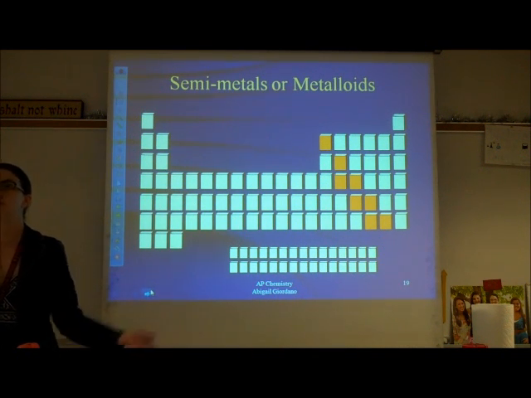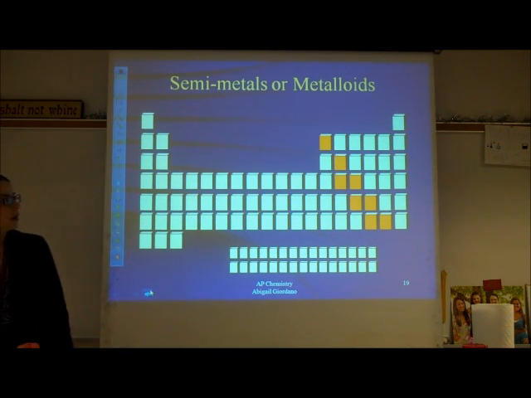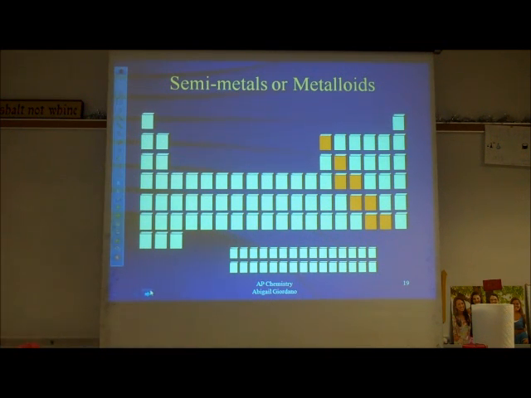Think about aluminum foil. That is definitely metallic. But everything else, metalloids, and characteristic-wise, as far as I want you to know, metalloids are metal-ish. Okay? That's a technical term, by the way.